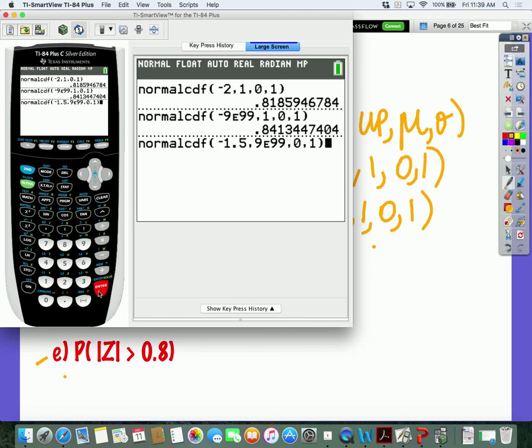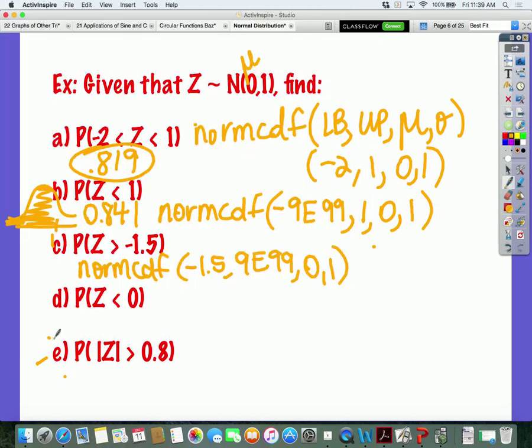So your calculator looks like this. And that's what you got? Good stuff. What was it, 0.933?